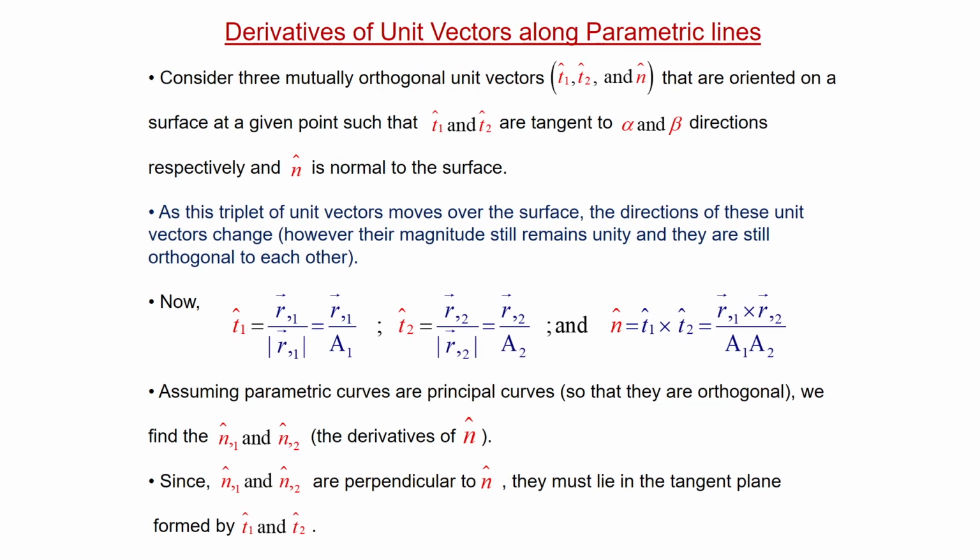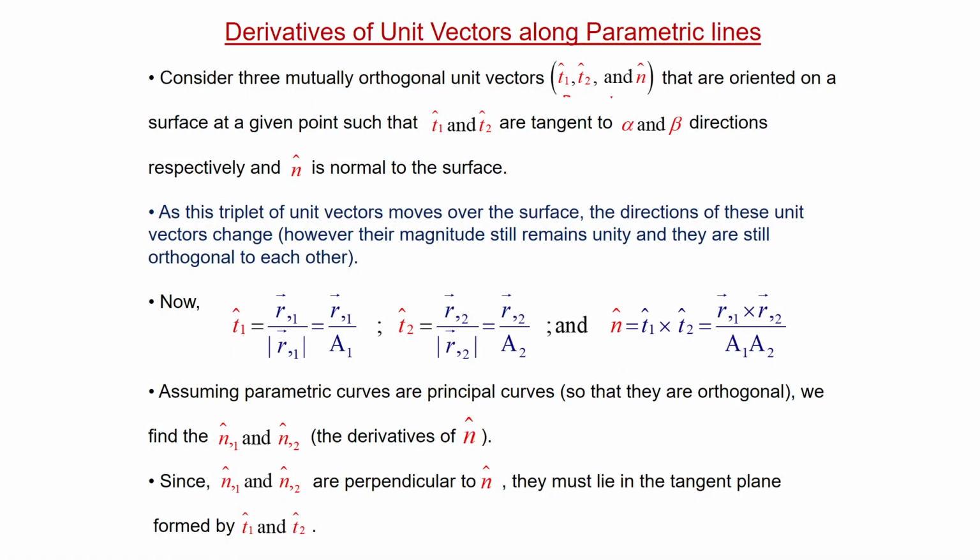Now, we are going to find the derivative of unit vectors along the parametric lines, which are very important. Basically, these derivatives help us frame some more theorems which are ultimately used to develop the fundamental equations for surfaces. So, we have three orthogonal unit vectors.